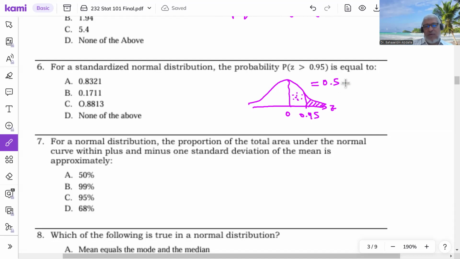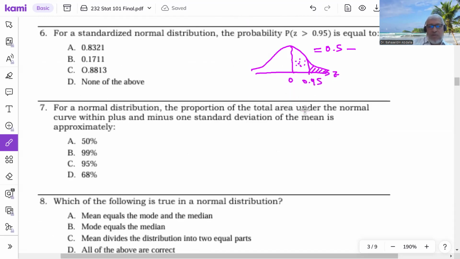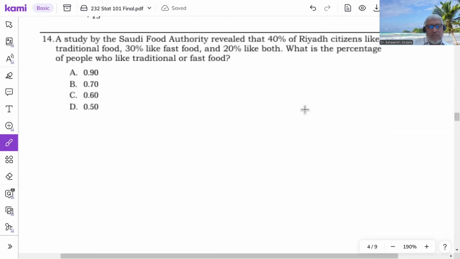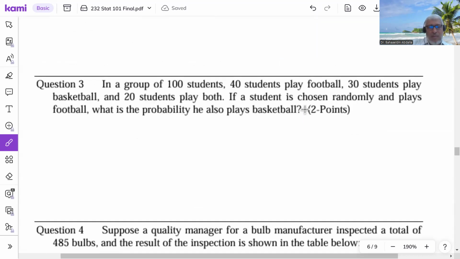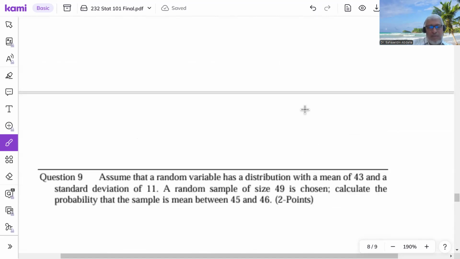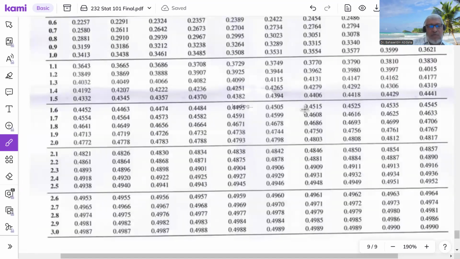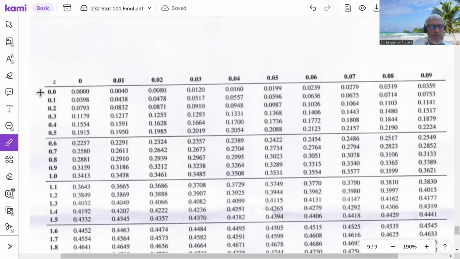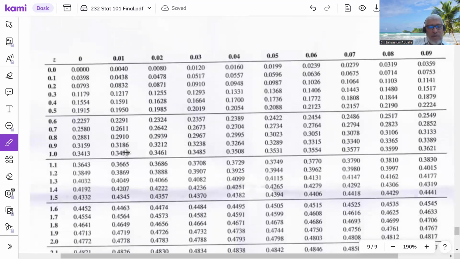So 0.5 minus this number, which I can find from the table at Z equals 0.95. So I go to the table, and Z is 0.95. So this is 0.9, and here 0.95.